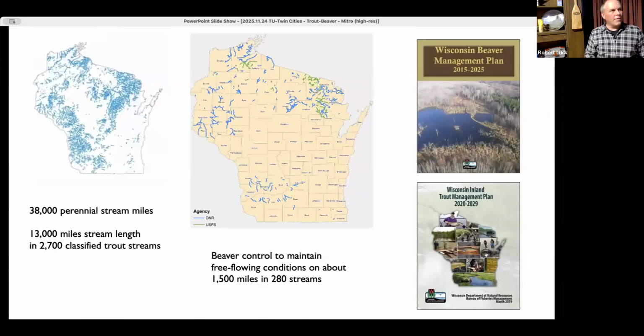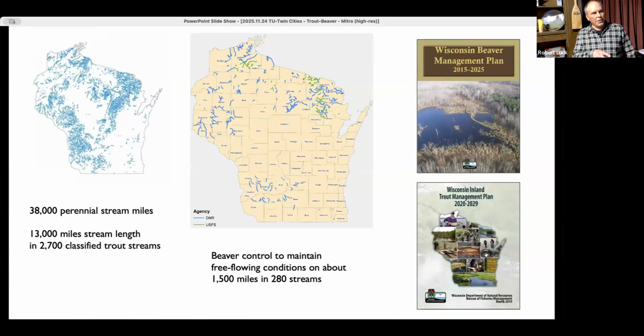So in Wisconsin, depending on the scale of the map you're using, we have roughly 38,000 miles or so of streams in the state. About 13,000 miles of these are classified as coldwater trout streams. Those are the streams in which we manage for brook trout and brown trout. There are some rainbow trout and some different salmon that run up in our Lake Superior and Lake Michigan tributaries.